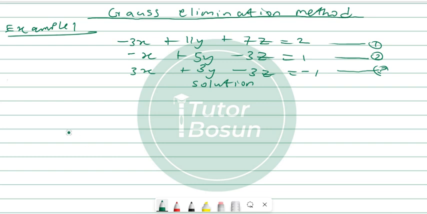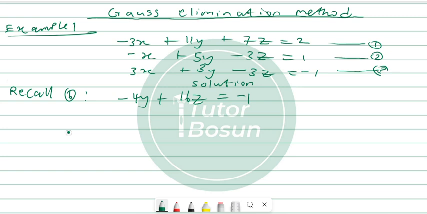As you can see, before I rub it off, you can recall our equation 6, in which we have eliminated x. Our equation 6 was minus 4y plus 16z equals minus 1.